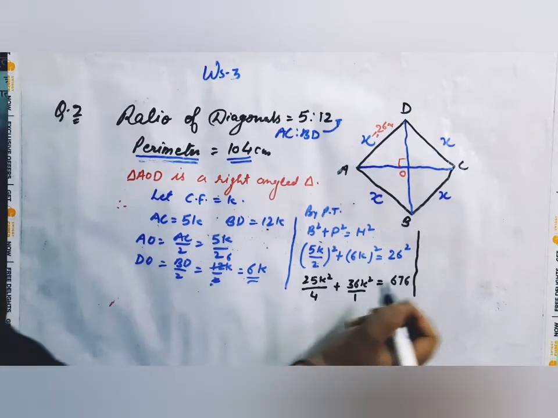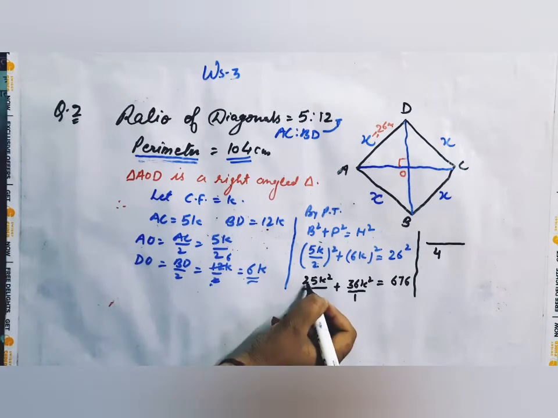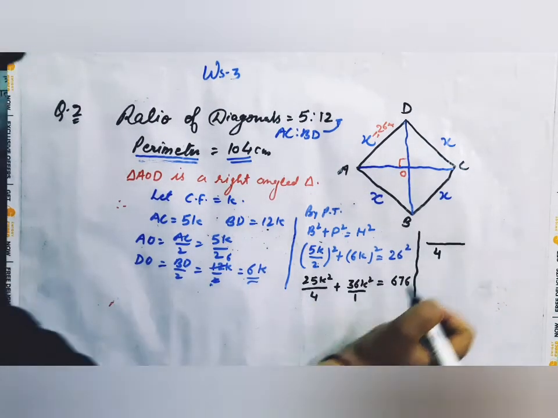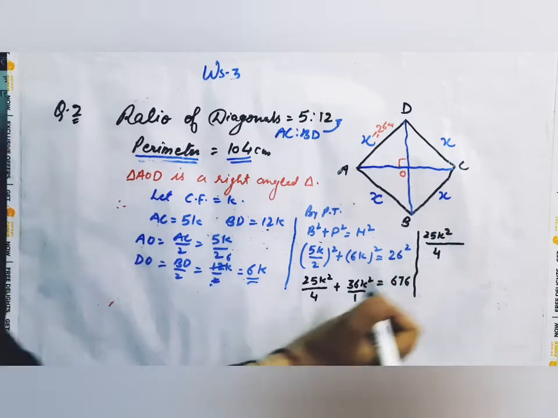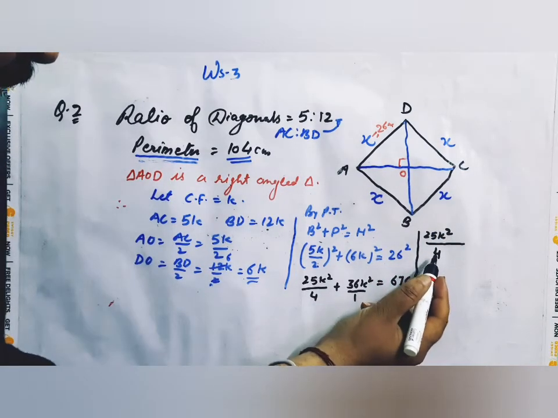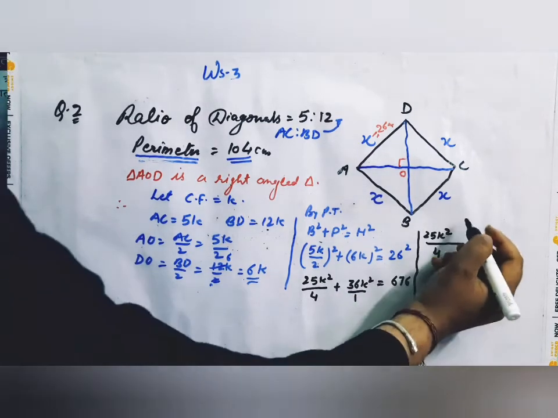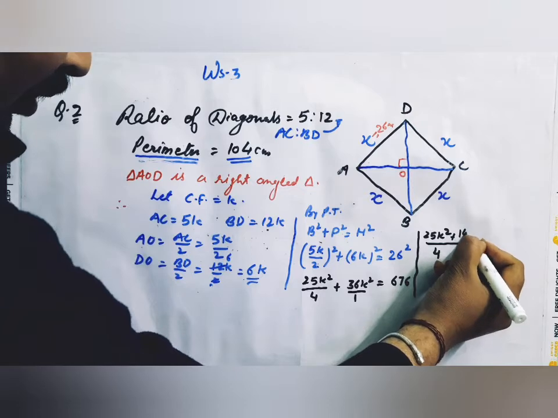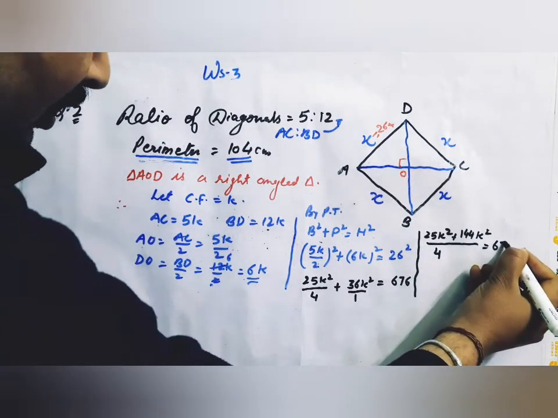The LCM is 4 and 25K square will be as it is, because 4 ones are 4 and 1 twenty-fives are 25. Now 1 four is 4 and 4 thirty-sixes are 144K square, and this total is equal to 676.